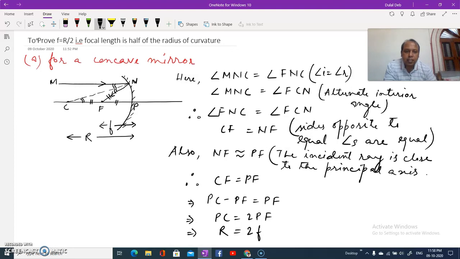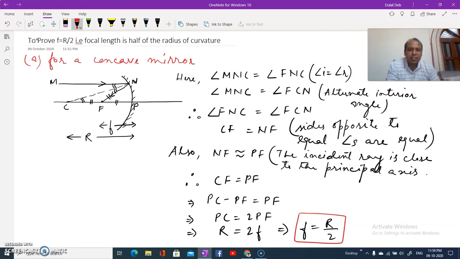So finally we have an equation: F is equal to R by 2. That is, focal length is half of the radius of curvature. I hope this is very clear to you.